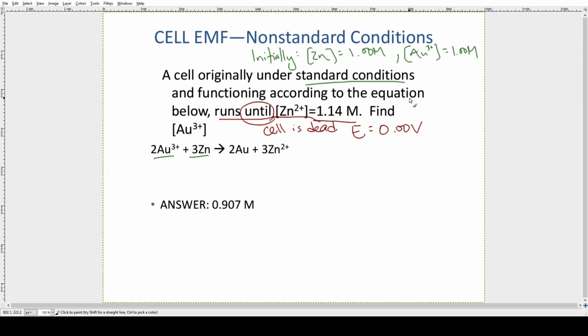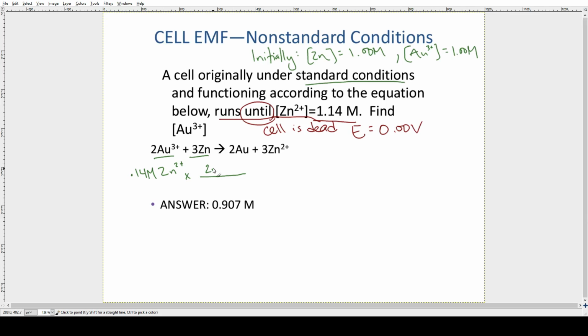Now, as the reaction proceeds, we apparently built up more of that zinc 2 plus. So what I could say then is the change in zinc is 0.14 molarity. So if I had a change in 0.14 molarity zinc, I'm just going to do some stoichiometry and see what the change in gold was.